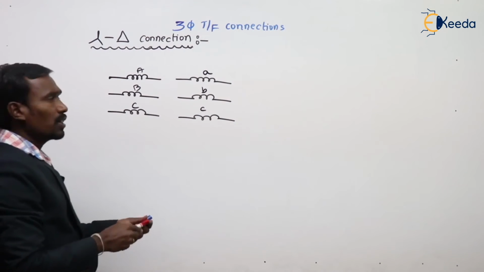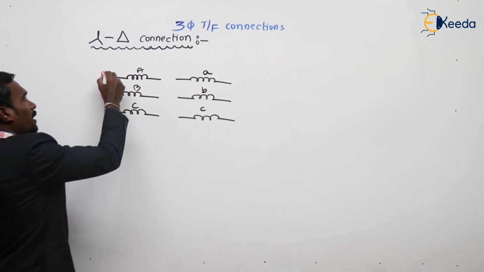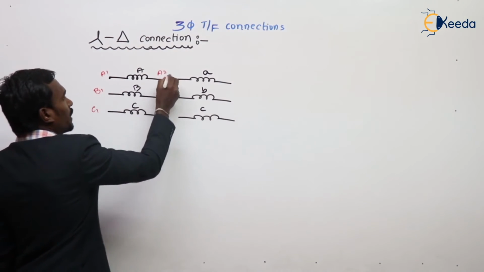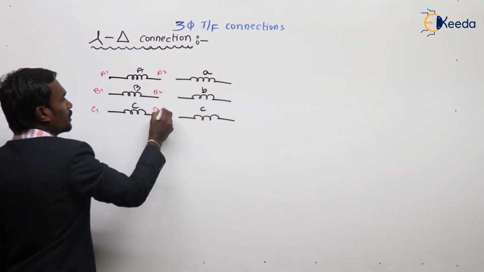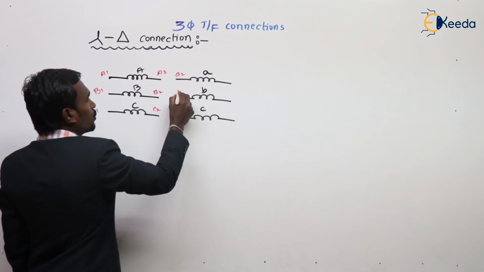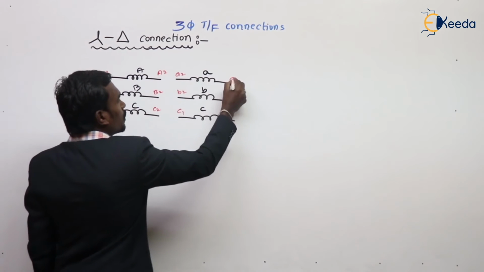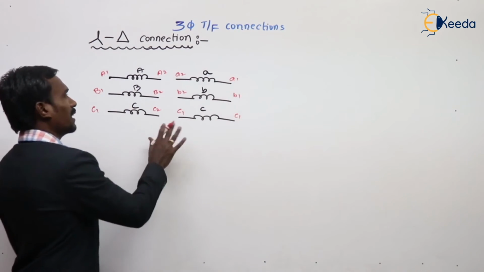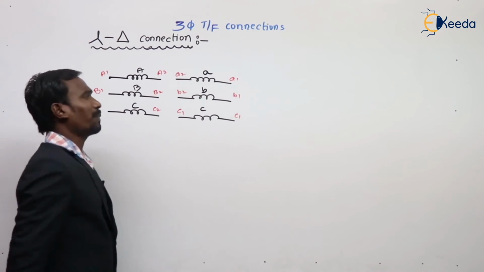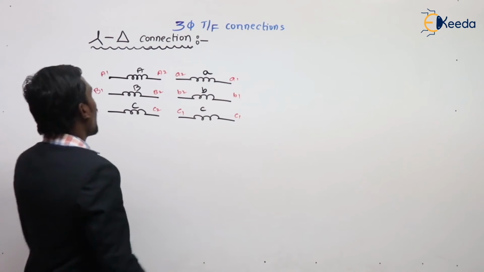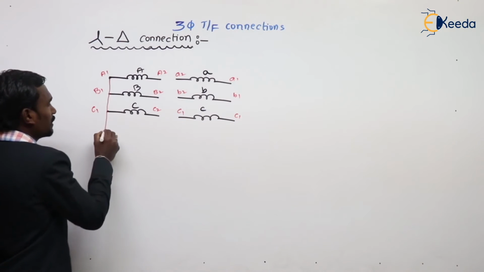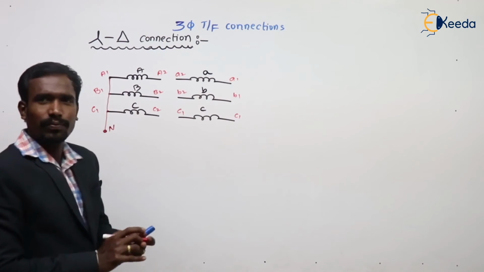And of course, we know that this is A1, B1, C1, A2, B2, C2. These are the three phases of primary and secondary. And here the primary is a star connection.